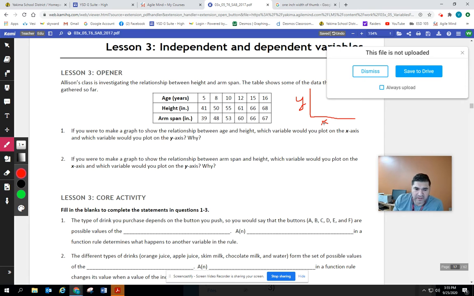Okay, so let's see. Typically, time goes on the x-axis, okay?